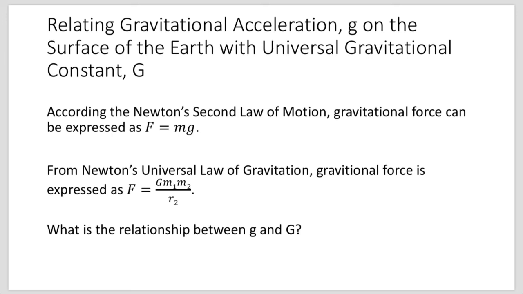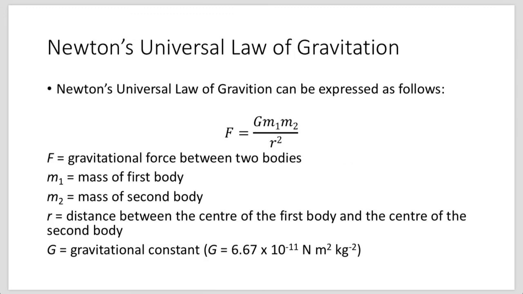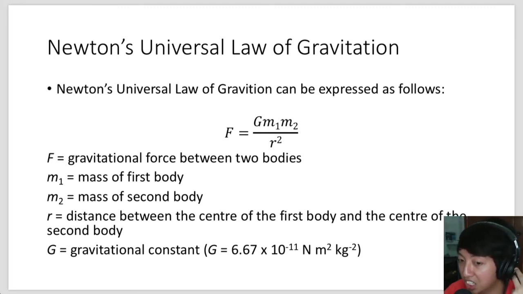Gravitational constant is fixed. Yes, that's correct. Like we looked at earlier, it is always going to be 6.67 times 10 to the power of negative 11 Newton square meters per kilogram squared. So yes, gravitational constant is fixed. That's why it's called constant. It doesn't change.